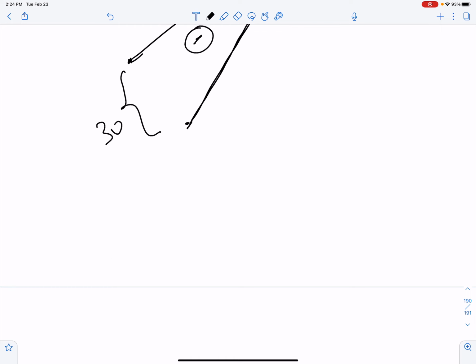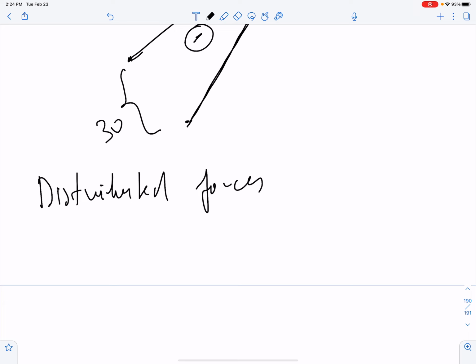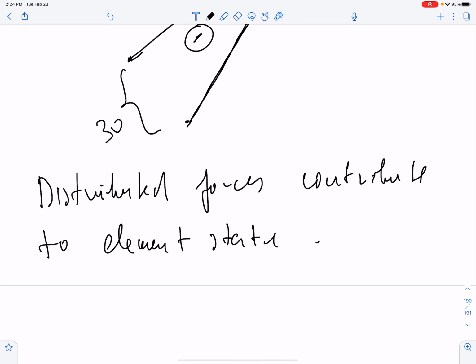Right. So, as you can see, distributed forces contribute to the element state determination in a non-trivial way.